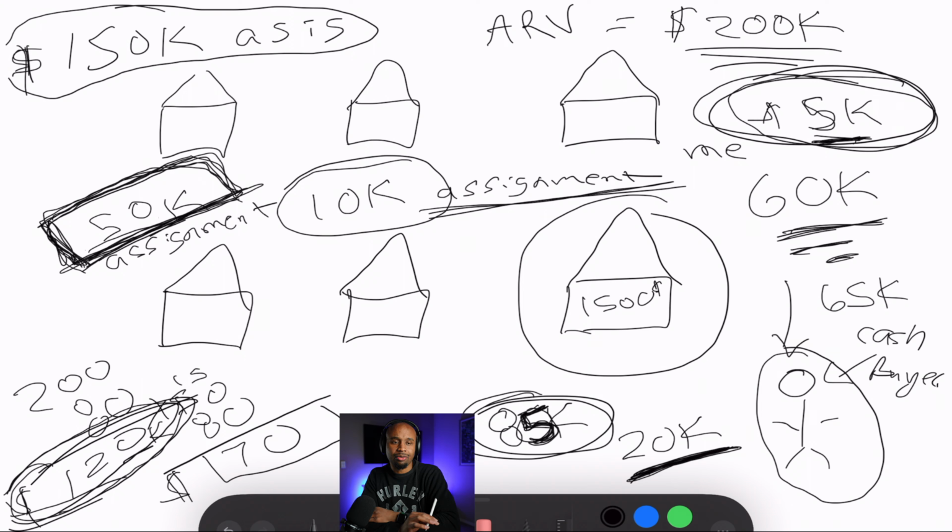Because see me, I don't usually deal with cash buyers who do not have rental properties and who have not flipped at least, I don't know, I always say this.